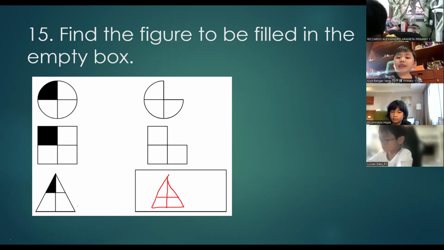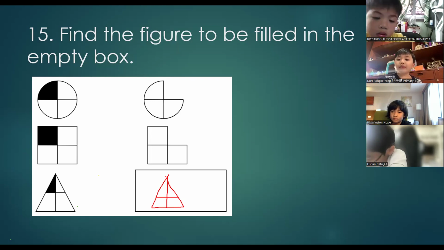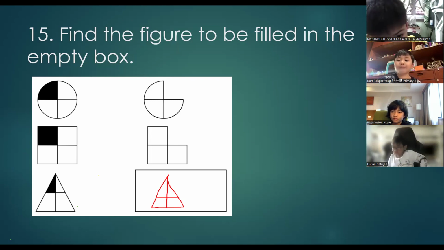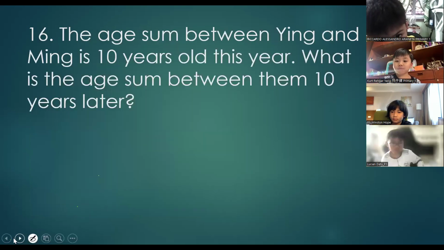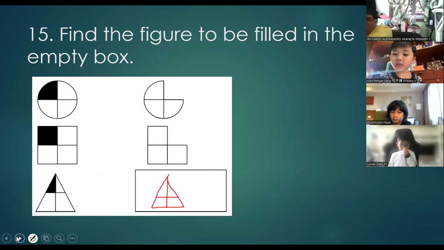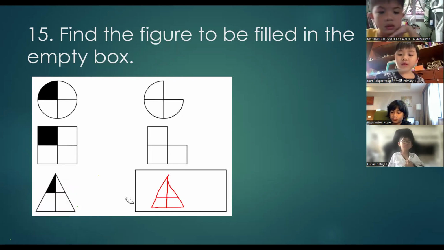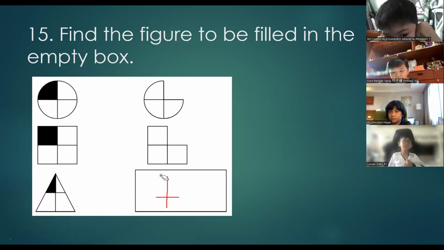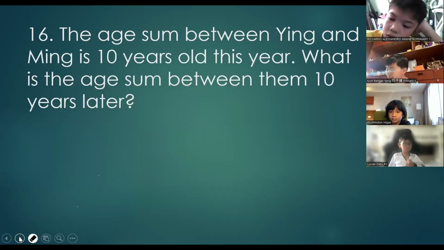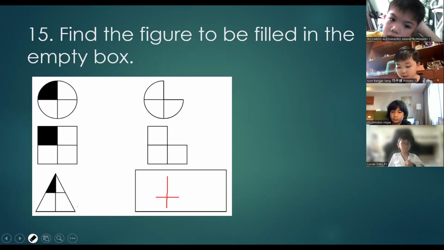Where is the broken part, at the top or at the bottom? The top right. Oh, okay, very good. And then is there a shaded part or no? No. Okay, very good. So this is how the answer should look like. Let's draw it again.